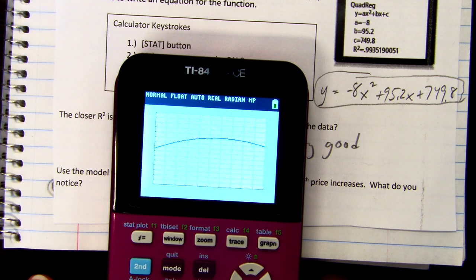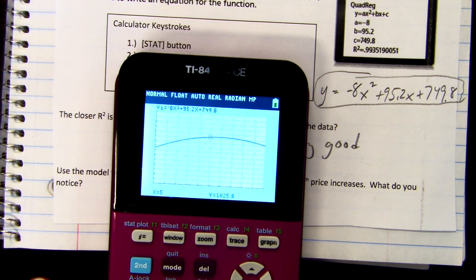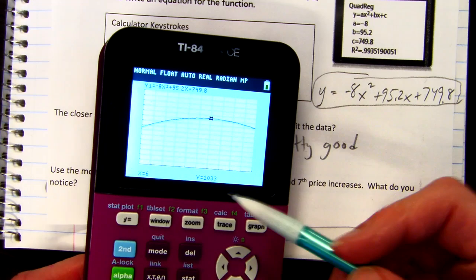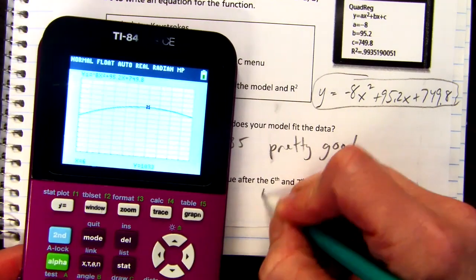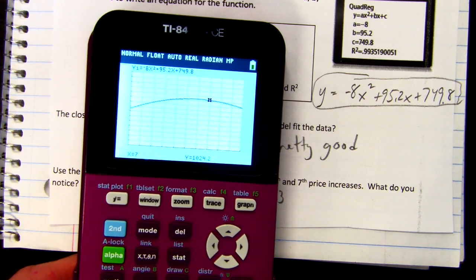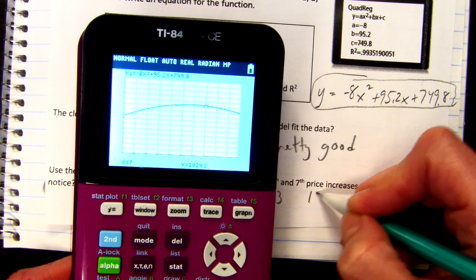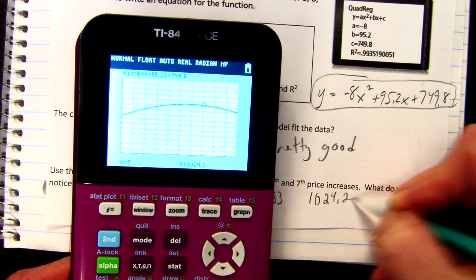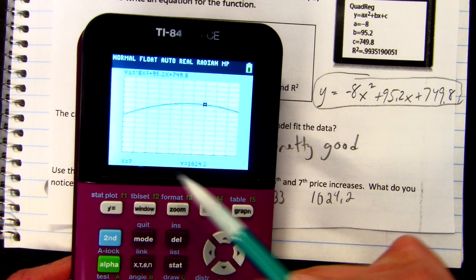So it wants us to do 6 and 7. If I hit trace and just hit the number 6 key and enter, it's going to tell me 1033. And then if I hit 7 and enter, it's going to give me 1024.2. So I can just get those off the graph.